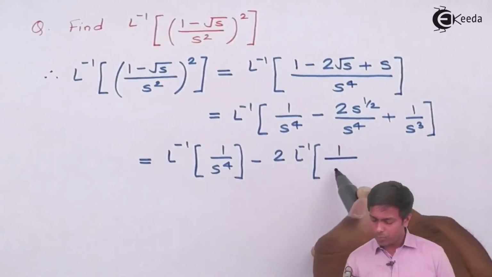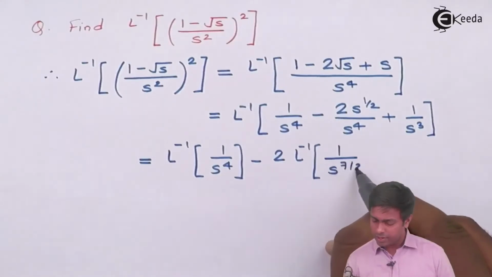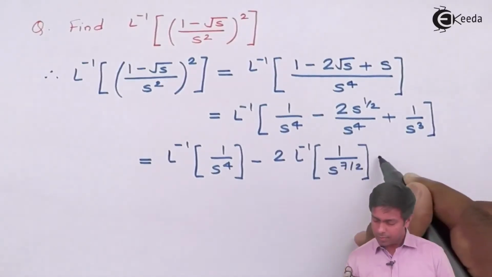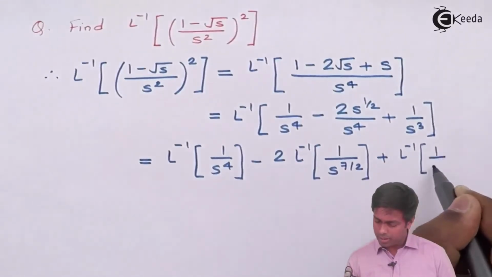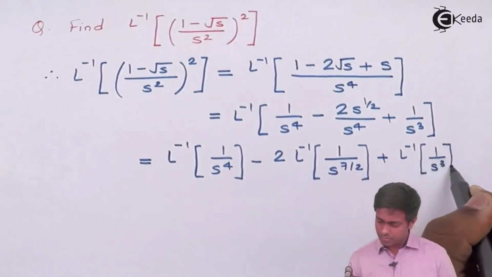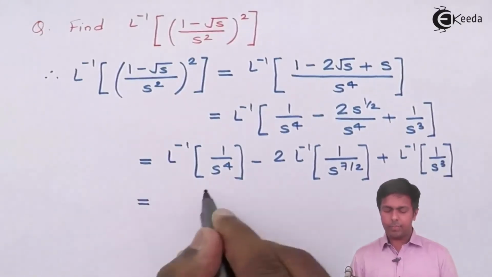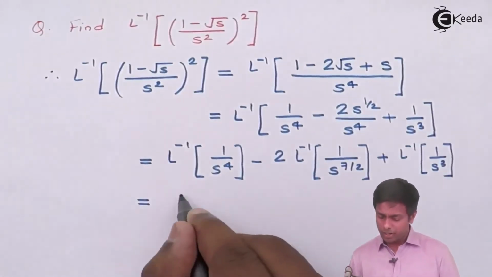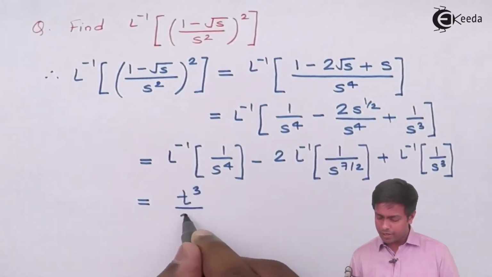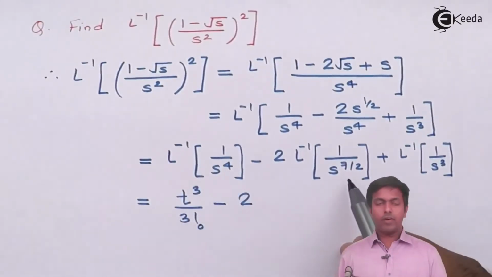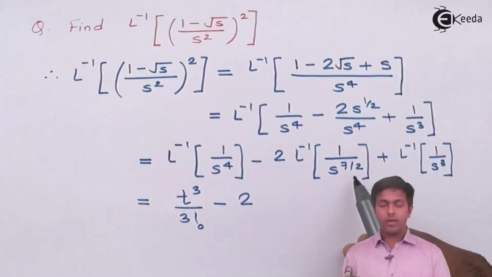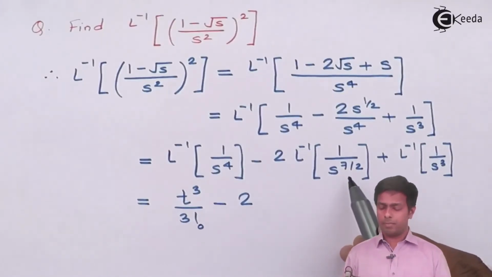So 1 upon s raised to 7 by 2, plus L inverse of 1 upon s cube. Now guys, here we'll apply that formula. So that will become t cube upon 3 factorial minus 2, and now here we have 1 upon s raised to 7 by 2.